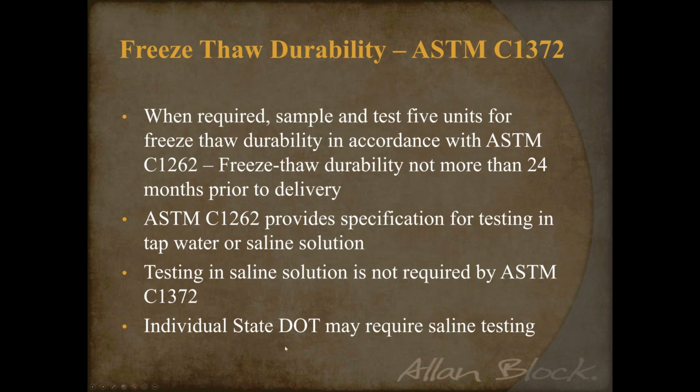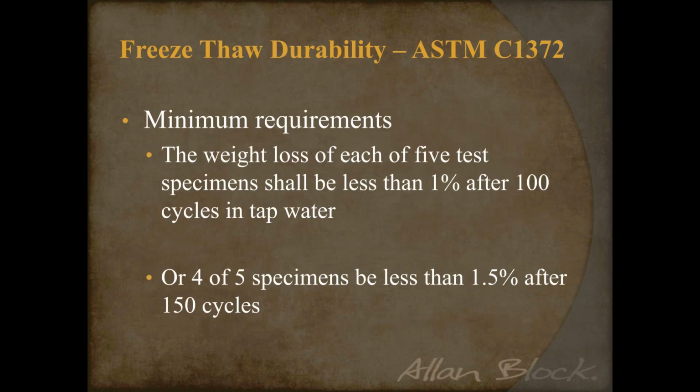It's state DOTs or Ministry of Transportation, those types of entities that may require the harder-to-pass test in saline solution. Minimum requirements from C1372 say that the weight loss of each of 5 test specimens shall be less than 1% after 100 freeze-thaw cycles in tap water, or 4 of 5 specimens be less than 1.5% weight loss after 150 cycles.